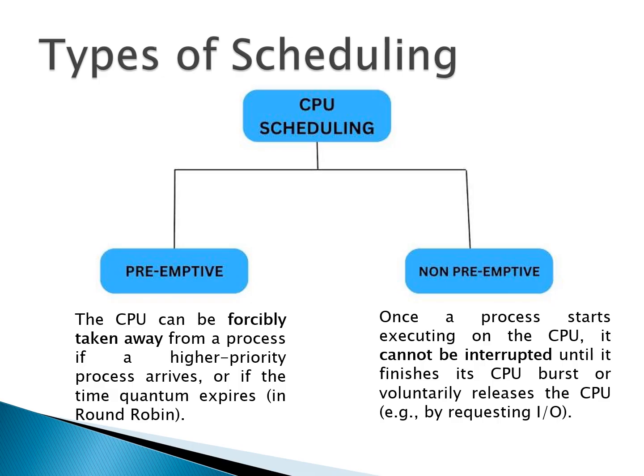In preemptive, the CPU is forcefully taken away from a process if a higher priority process arrives, or when the time quantum expires, that is the round robin methodology. If another process enters and the CPU is forcefully taken away from the process, it is preemptive.